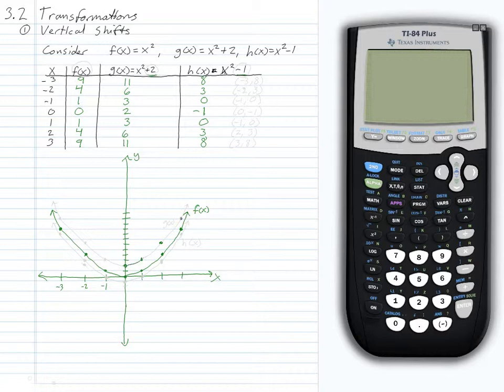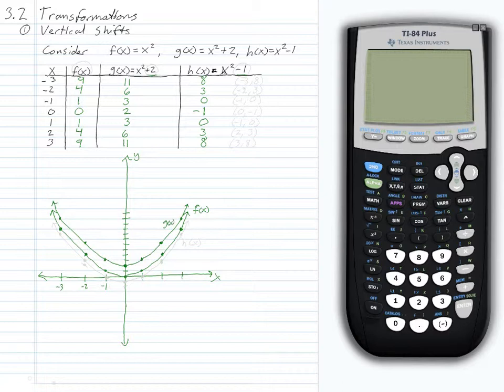So we can see how every single point that we knew about is just being shifted up by 2 units. And again, this graph has that symmetry that we saw, so we can reflect all of those points across and get the rest of our picture very quickly. So there we have g of x.